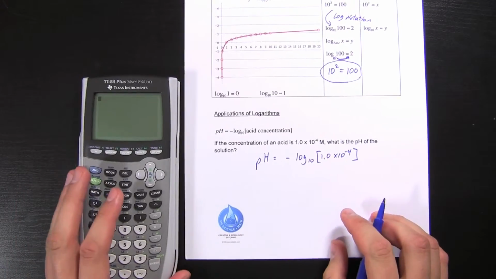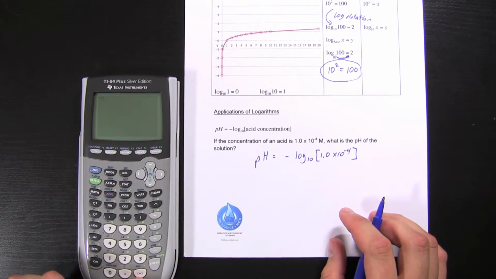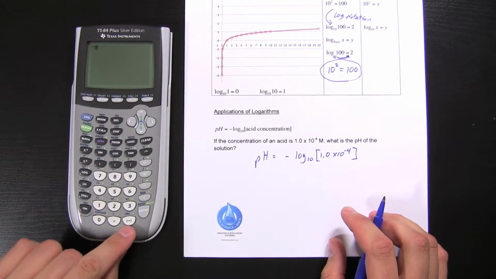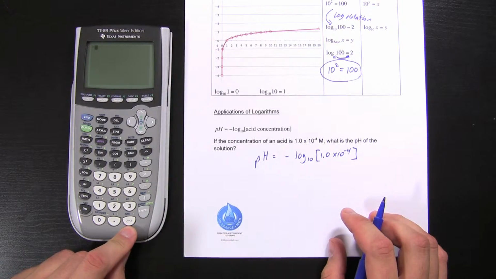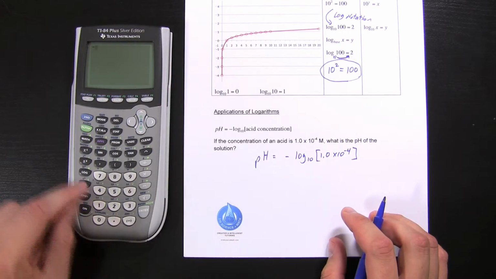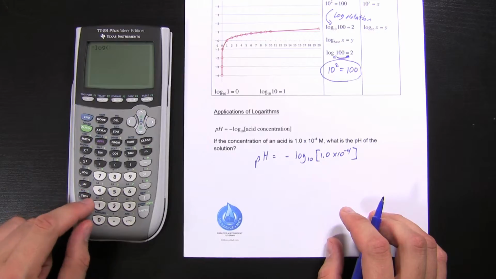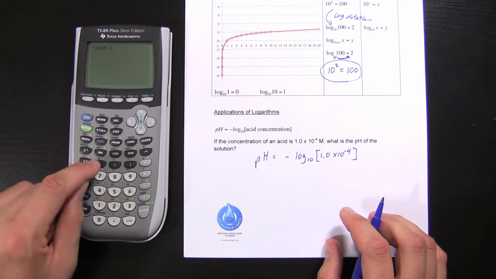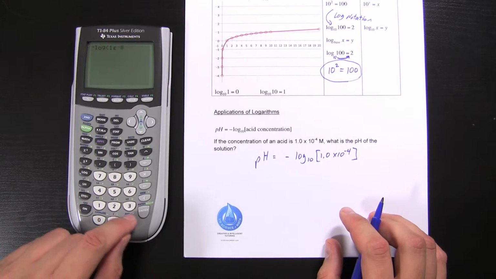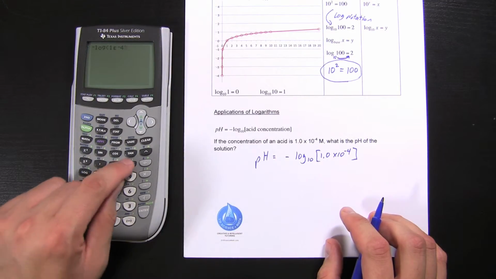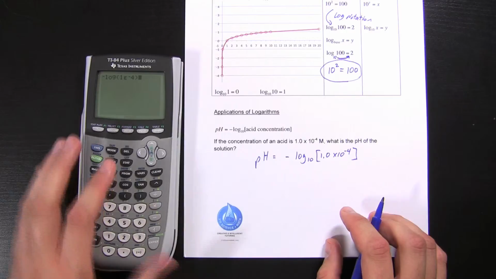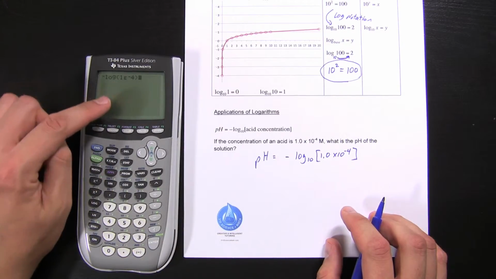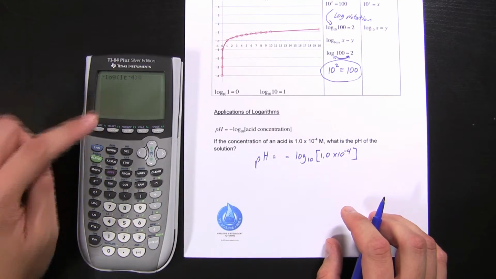So let's do that. So let's take the calculator. We're going to put negative, right? The negative sign is actually down here at the bottom of your calculator. So we're going to put in negative log, and then we're going to use scientific notation, which is the second function EE negative 4. So this is how the calculator understands scientific notation, and I go into this in another video.